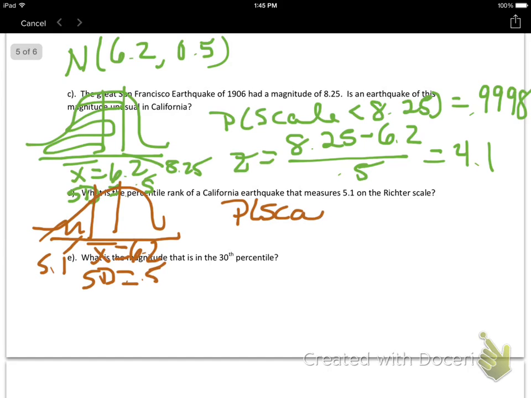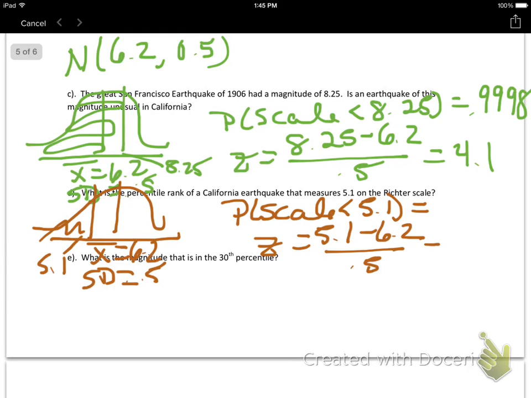What's the probability that the scale is less than 5.1? And my z-score is equal to 5.1 minus 6.2 divided by 0.5. Okay, let me go do my math. Okay, so I get 0.0139 because my z-score is negative 2.2. So my answer is 1.39%.